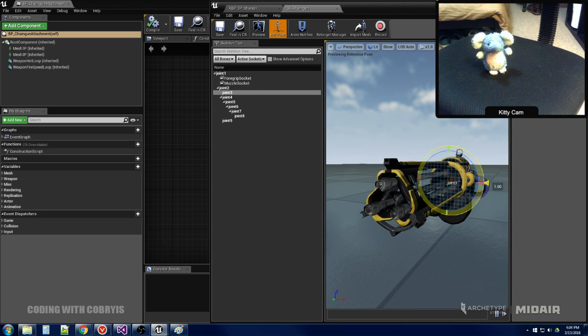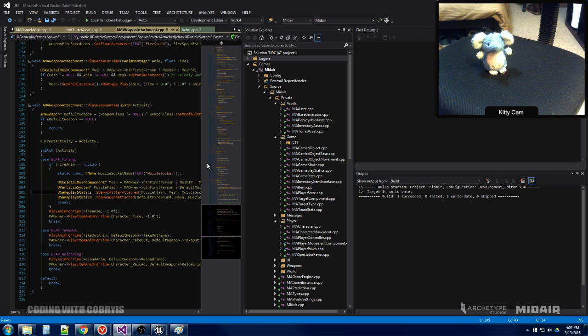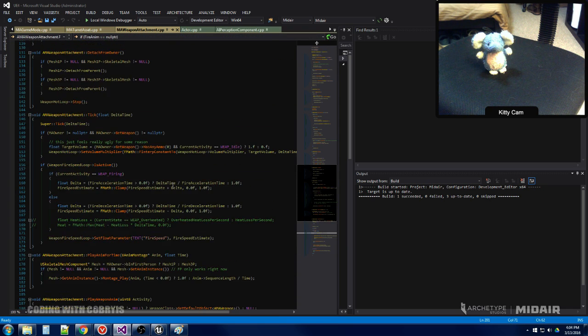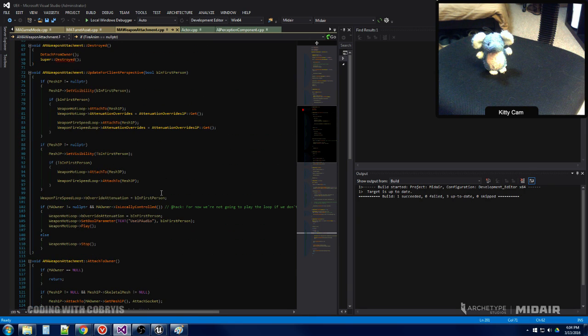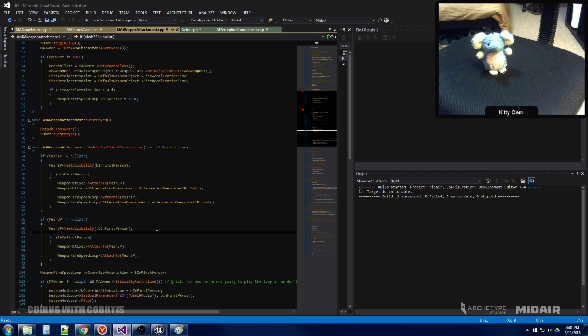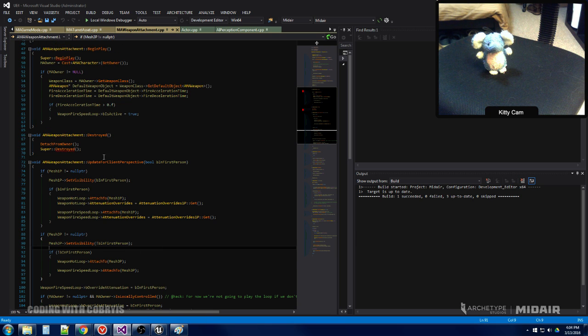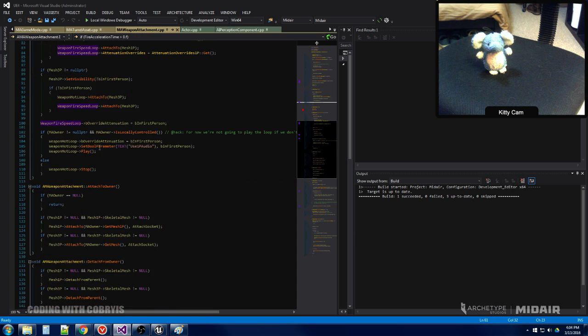And we can spin it. The reason it doesn't yet spin is because I just have not yet done... what am I going to do? Right here. Right, weapon hot. Fire speed loop.